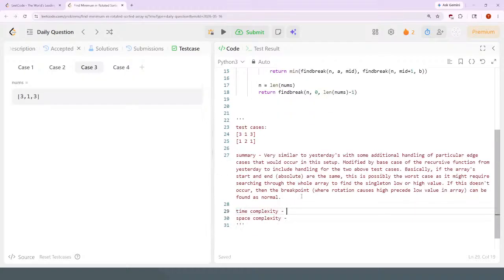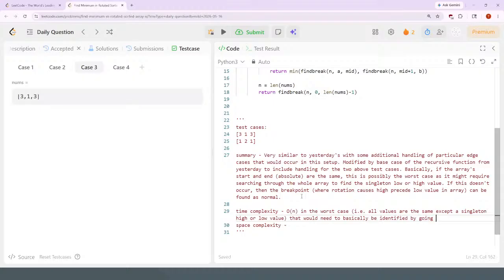Time complexity, this is going to be O of n in the worst case, where all values are the same except a singleton high or low value. That would need to be identified by going through all indices.